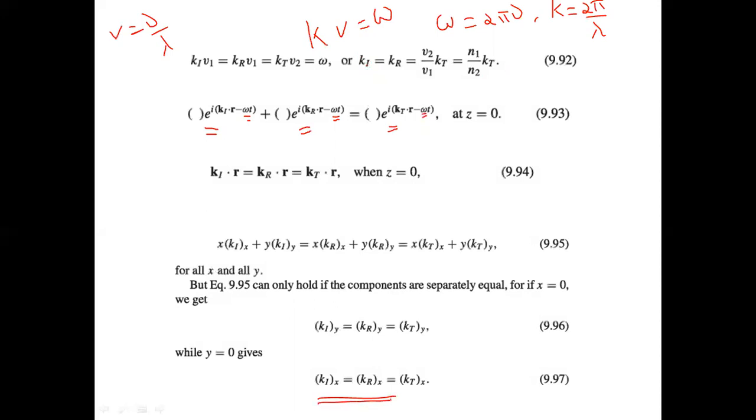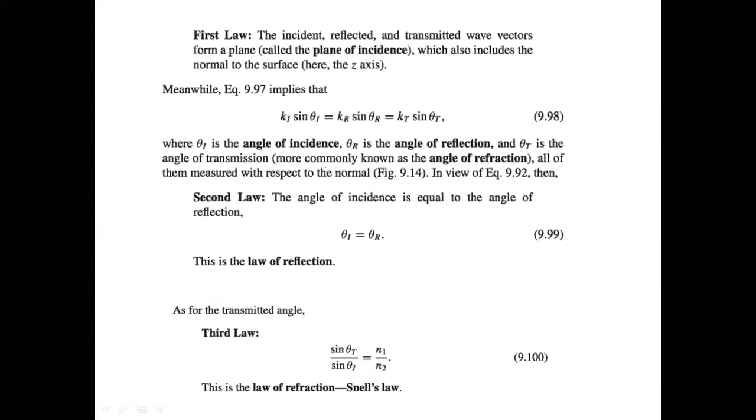And from this what we can say is that the first law of reflection can be proved, that all the incident, transmitted and reflected vectors form a plane called the plane of incidence, which includes the normal to the surface as well.